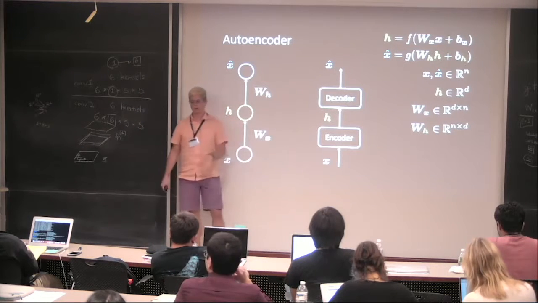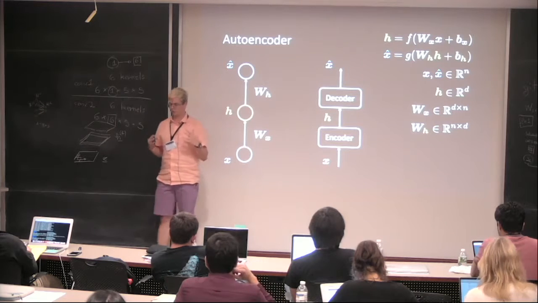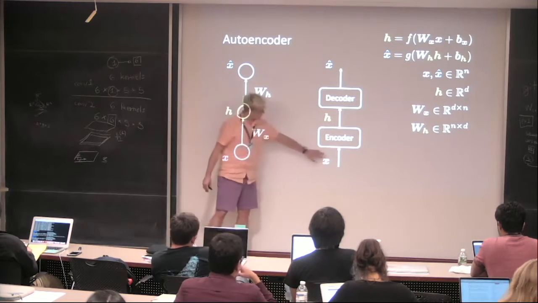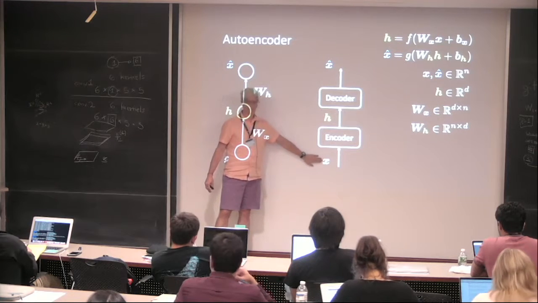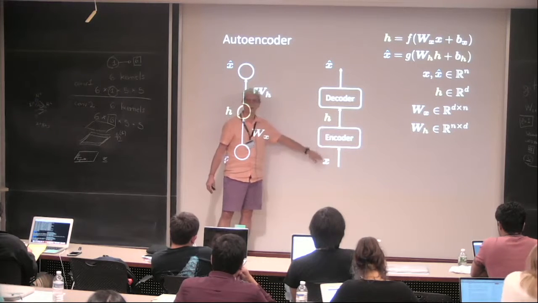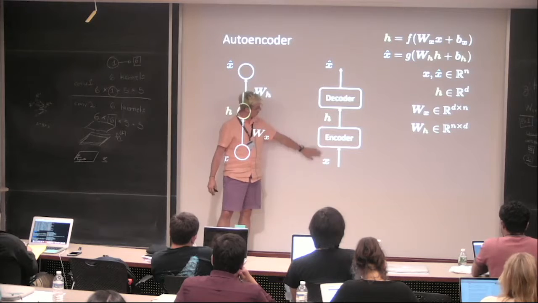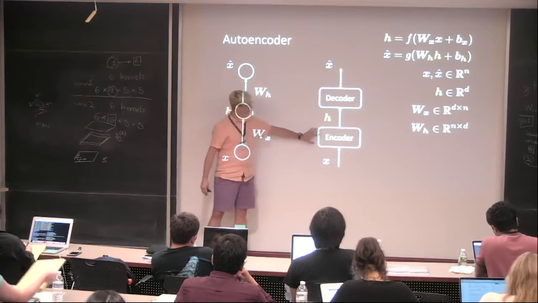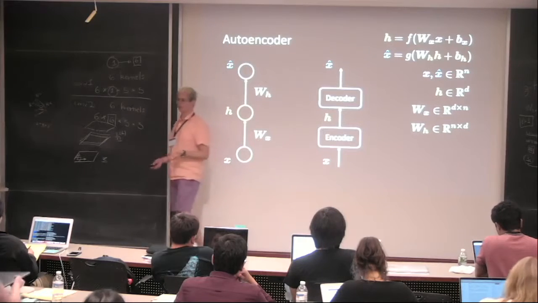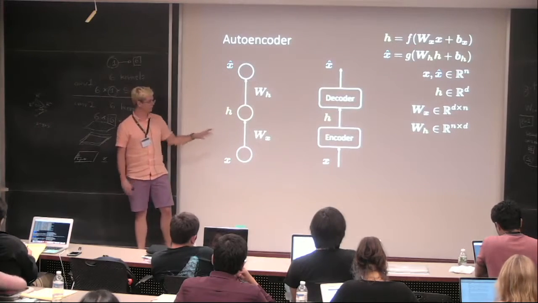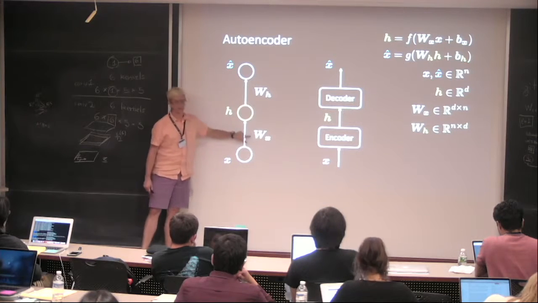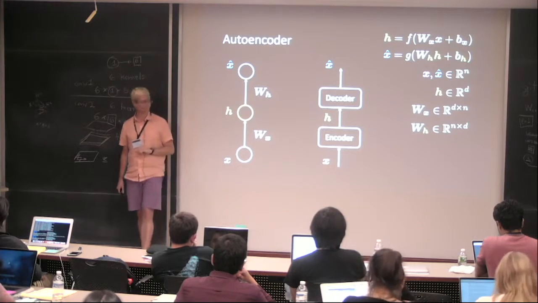Here the arrows represent my vectors: I have my input vector, my hidden representation, and my output. And this block represents the process of conversion between those different units, in this case the affine transformation plus the nonlinearity.